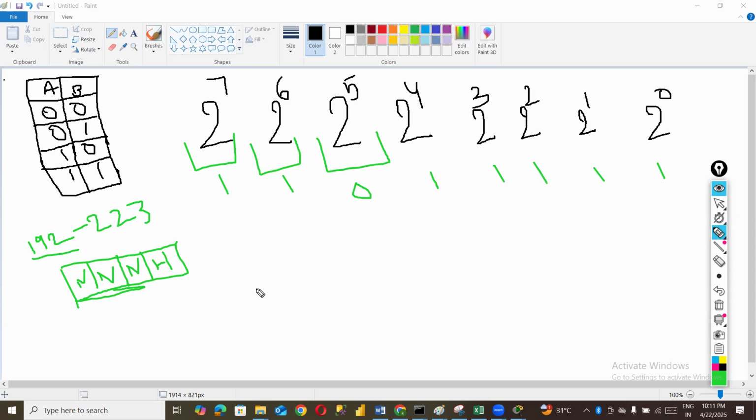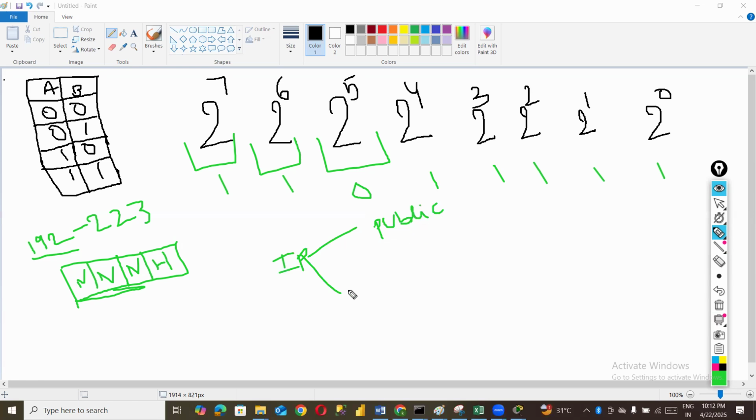And for IP address, we have two types, right? Public IP and private IP.